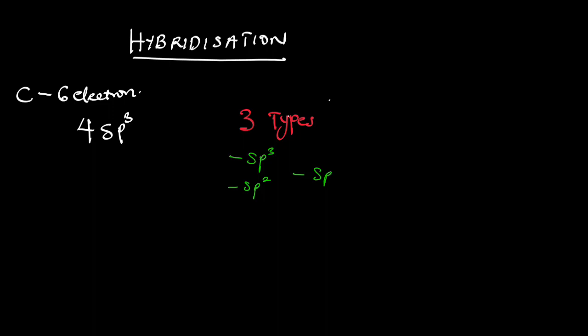And first of all, for you to understand each and every one of them as I explain, you have to understand the electron configuration of carbon, right? So carbon is 6. It will be written as 1s2, 2s2, and then 2p2.